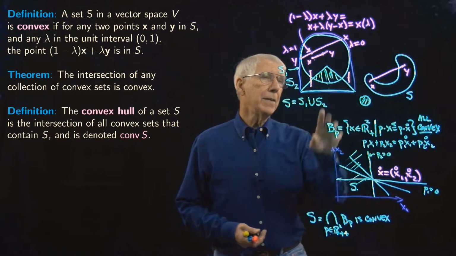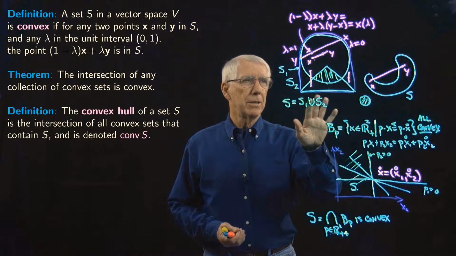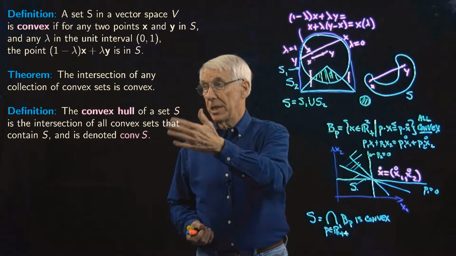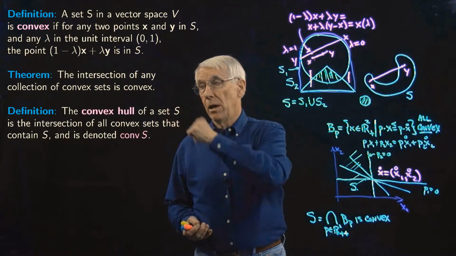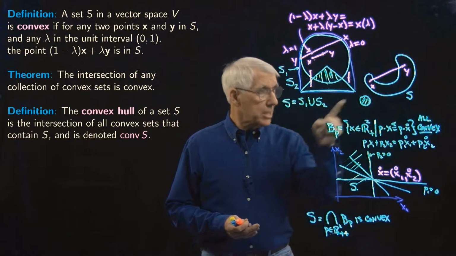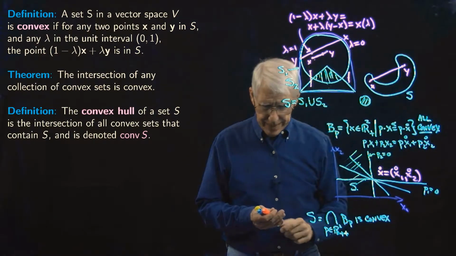Well, you can see that it's basically the smallest convex set containing S, and that really is what we mean when we say the intersection of all convex sets that contain S. And so let's see what that does over here. Again, over here, S is not convex.